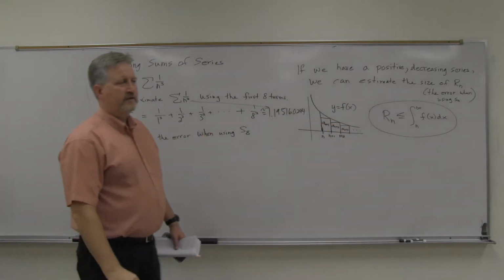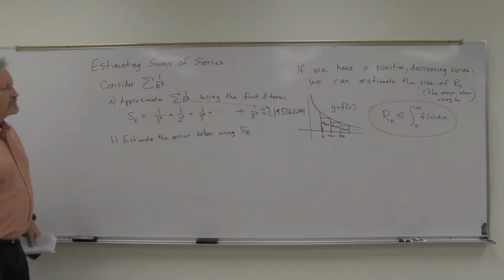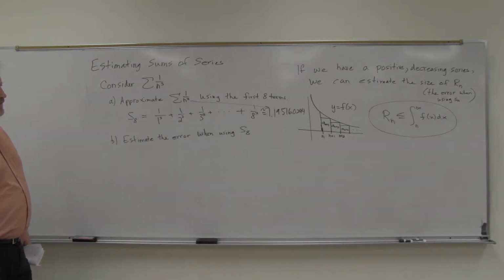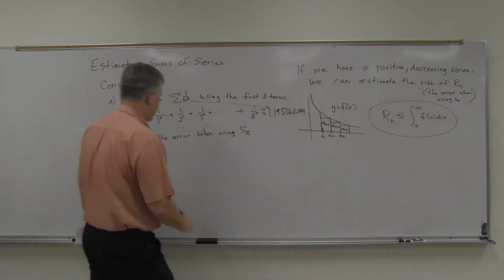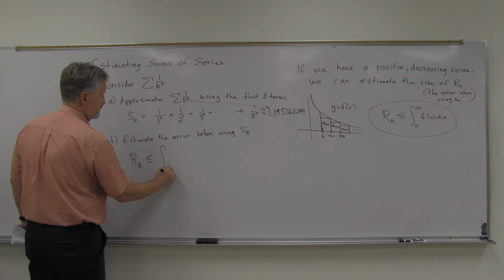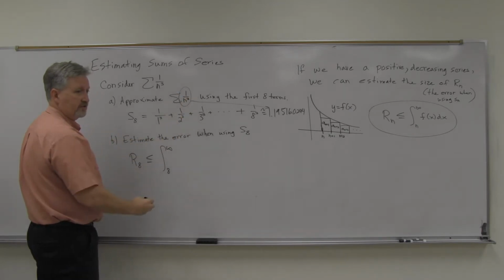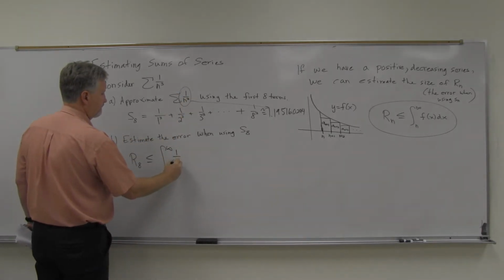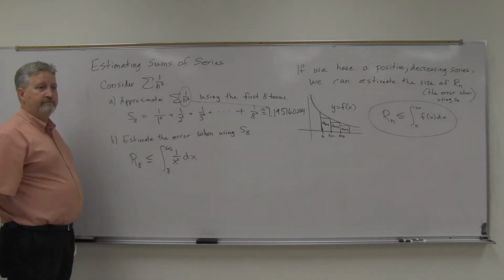The error, which is the remainder that I have, has got to be less than or equal to that. So here, R8 is less than or equal to the integral from 8 to infinity of f of x. What's f of x here? 1 over x cubed dx. So my error is less than or equal to that integral.